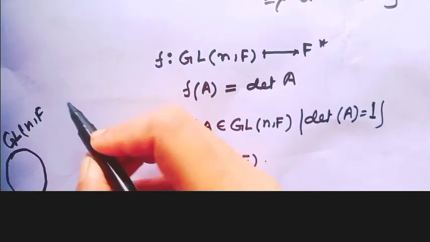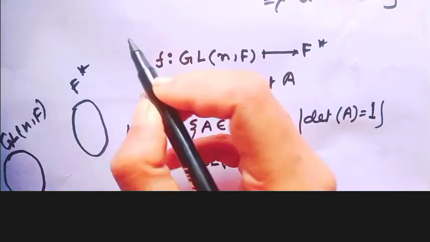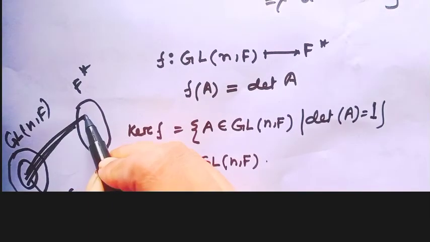Okay? That means in the group GL n F, where the domain is GL n F and the codomain is F star, SL n F is a subgroup which maps to the identity element in F star.